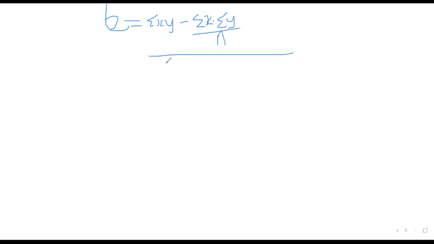Of course, you can find manually beta, which is equal to summation of xy minus summation of x multiplied by summation of y over n, over the summation of x square minus summation of x square over n. And when getting our alpha, it is equal to y bar minus b x bar.